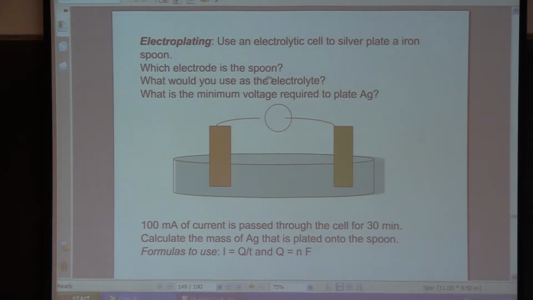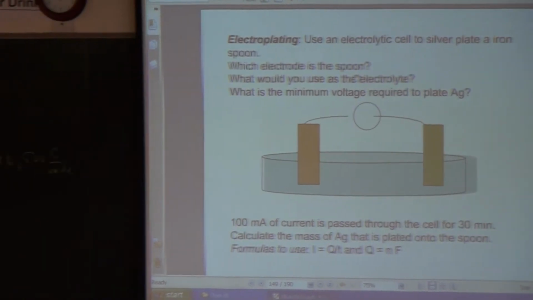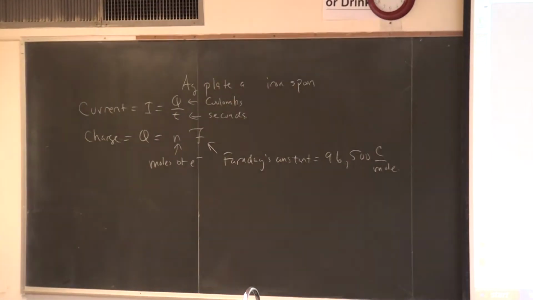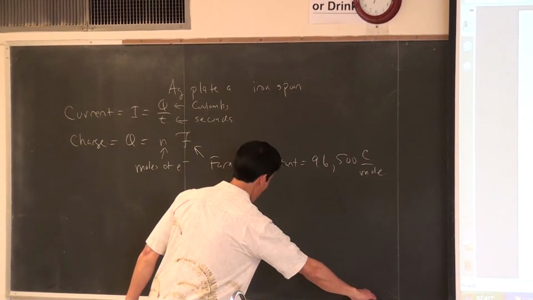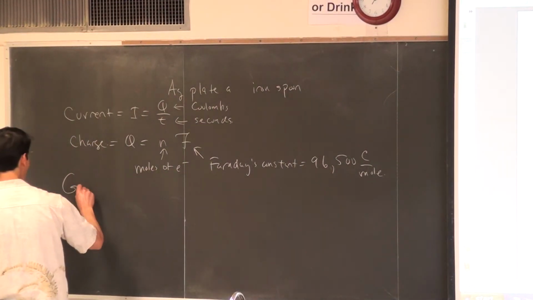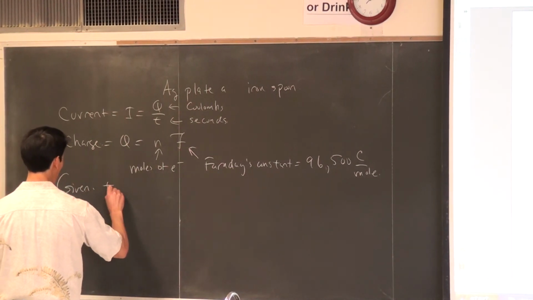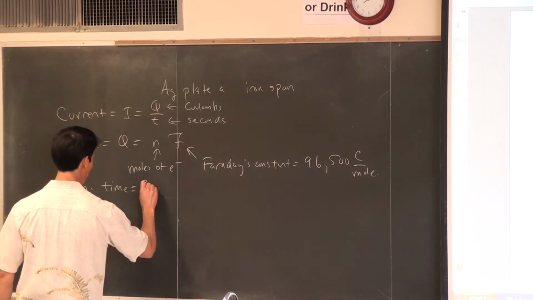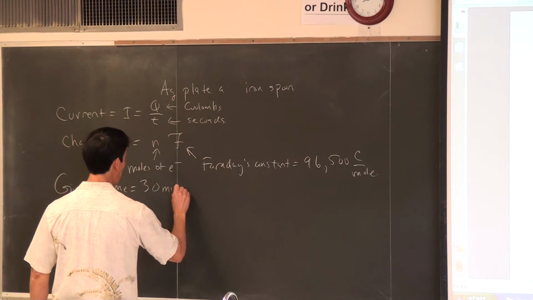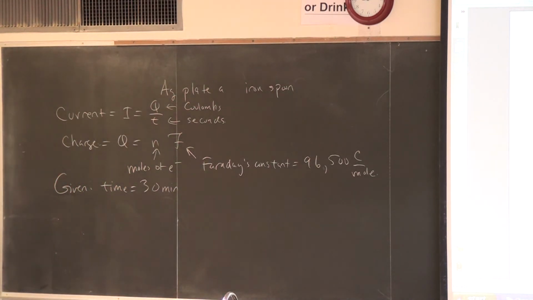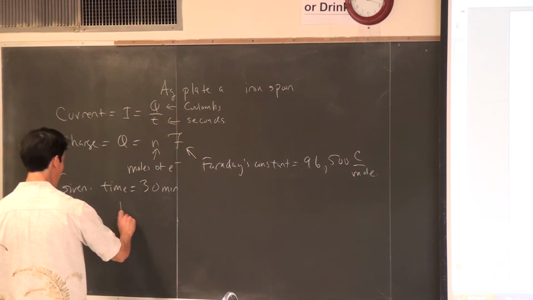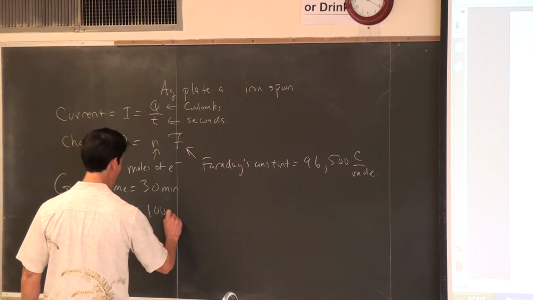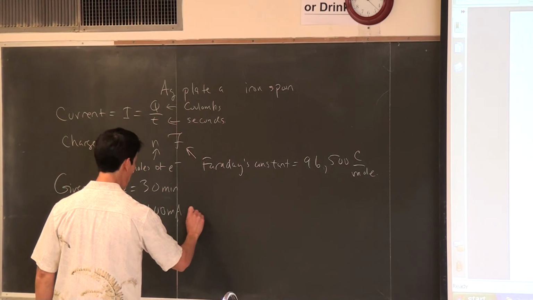Okay, so let's see, what information are we given? Yes, we're given the time, which is 30 minutes. And what other information are we given? Yeah, we're given the current, which is 100 milliamps, or 0.1 amps.